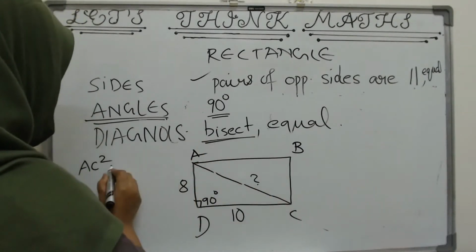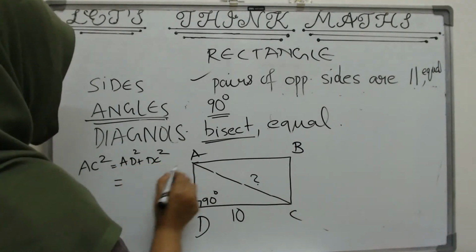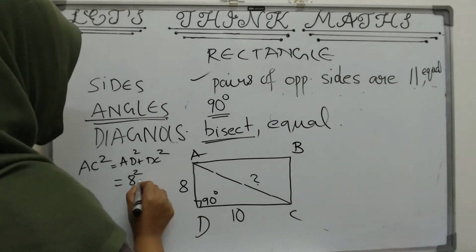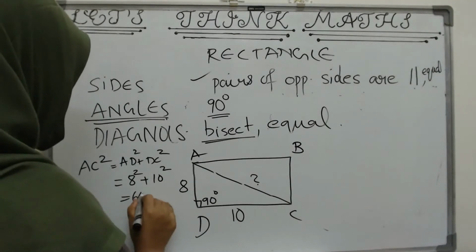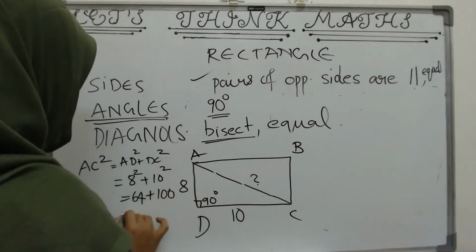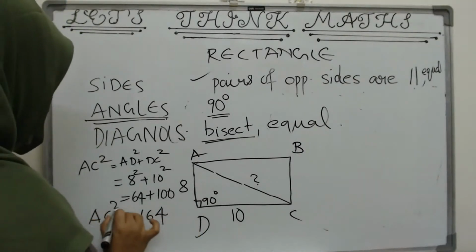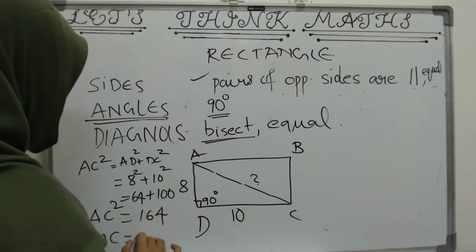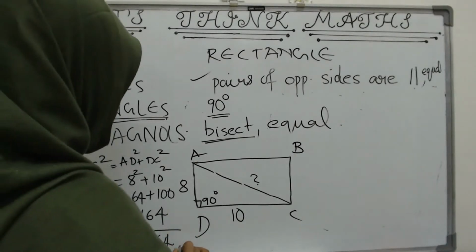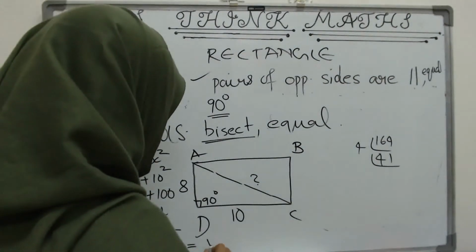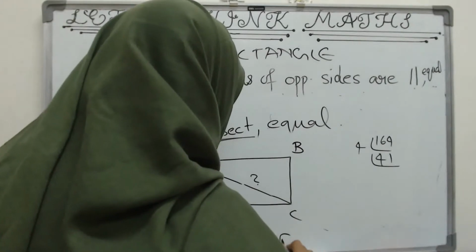And AC square is equal to AD square plus DC square. But AD is 8 square and this is 10 square. So this would be 64 and this would be 100, and together there will be 164. So AC square is 164, which means AC is equal to square root of 4 into 41, which is equal to 2 root 41.